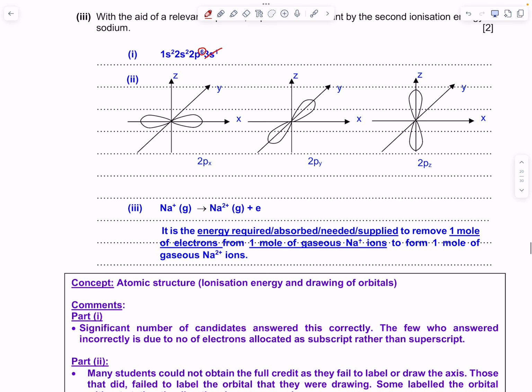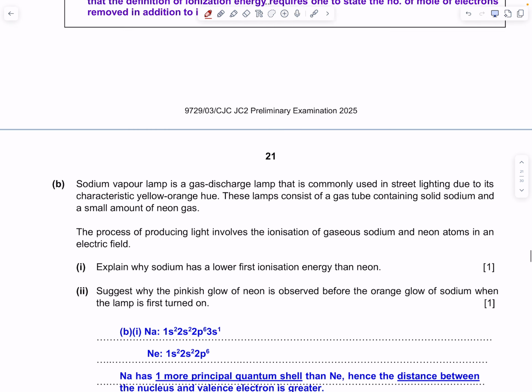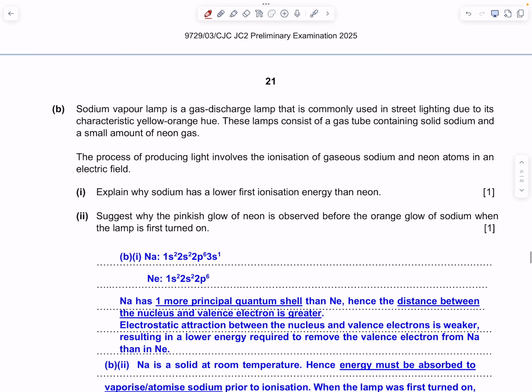I shall now move on to the next part. Explain why sodium has a lower first ionization energy than neon. Now, what I recommend students to do is when you are asked for ionization energy, it's recommended for you to write the electronic configuration.